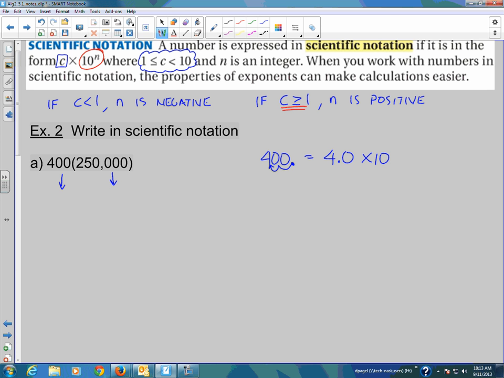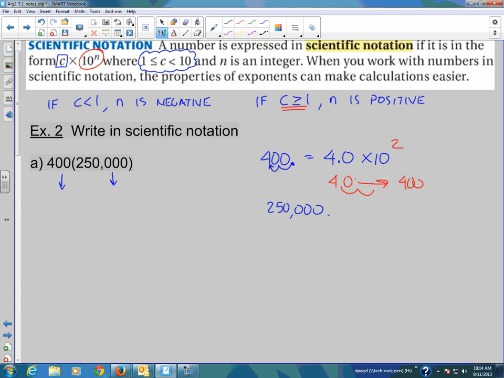Or another way of thinking of it is, if I'm sitting at 4.0 and I'm to try and create from that a 400, thinking about movement of my decimal, I would have to move my decimal 2 to the right, which means 4 times 10 to the second is the same thing as 400. Same line of thinking with 250,000.